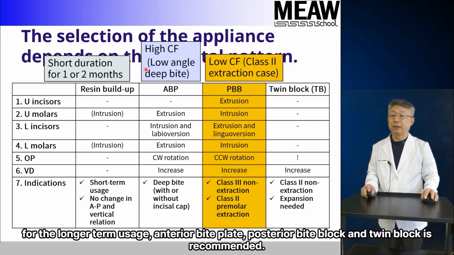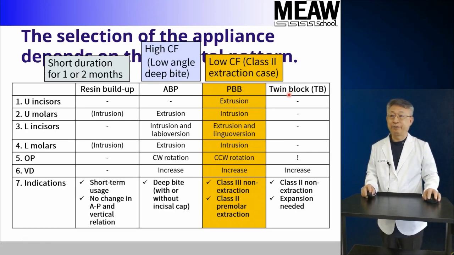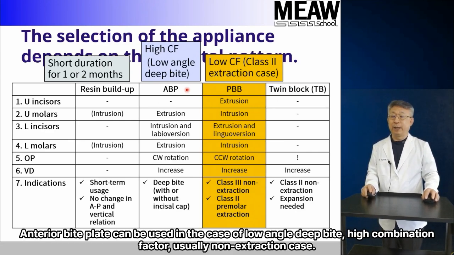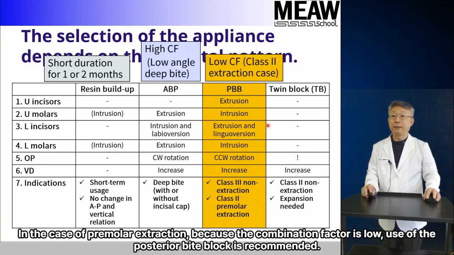For longer-term usage, an anterior bite plate, posterior bite block, and twin block are recommended. An anterior bite plate can be used in the case of low-angle deep bite, high combination factor, usually non-extraction cases. In the case of premolar extraction, because the combination factor is low, use of the posterior bite block is recommended.